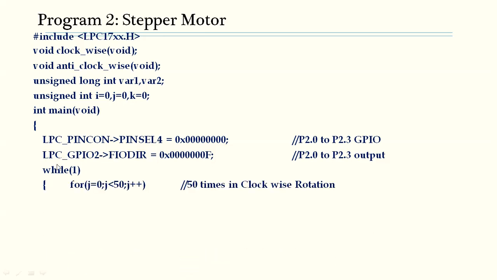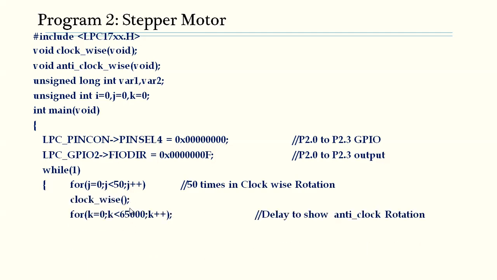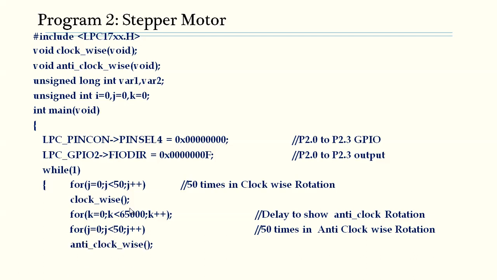Now the most important is this for loop. For j equal to 0, j less than 50. Let us see the complete main program, then we'll go with the discussion. What is done here is we will initialize a counter and then call the function clockwise.